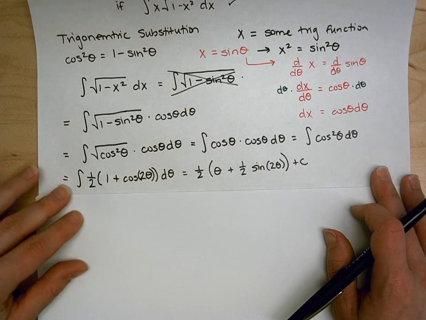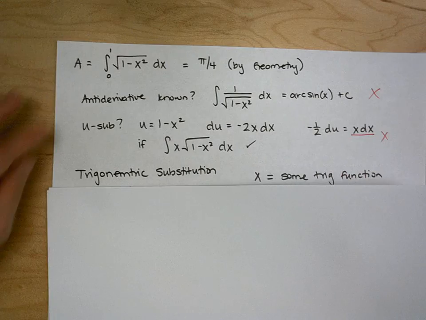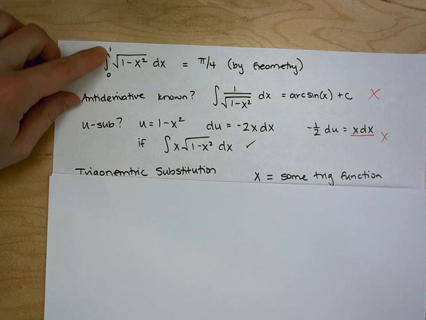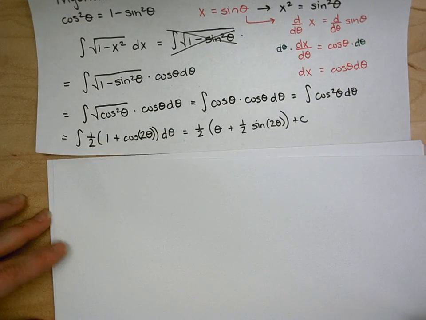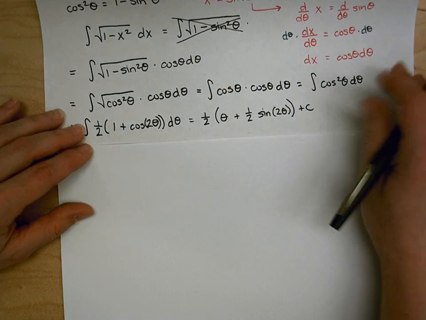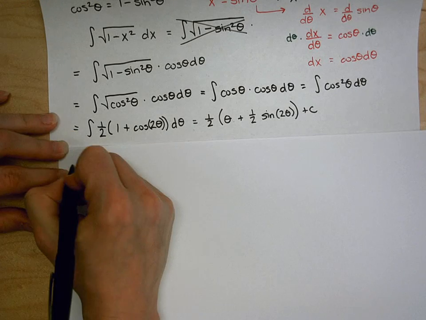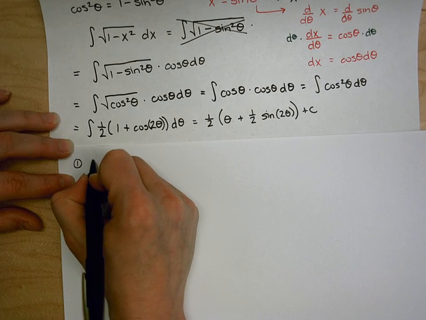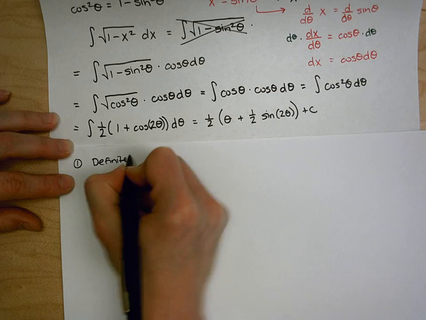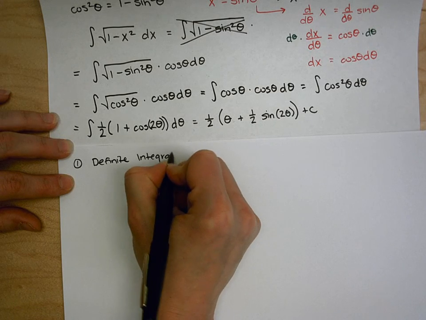But I'm also noticing that my initial thing that I wanted was the integral from 0 to 1. So it was a definite integral that I was interested in. So we'll do this two different ways. The first way is we'll look at this as a definite integral. So let's start off with that.